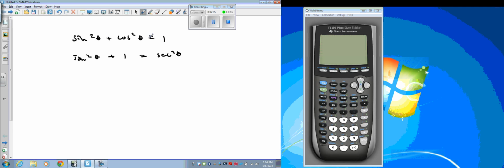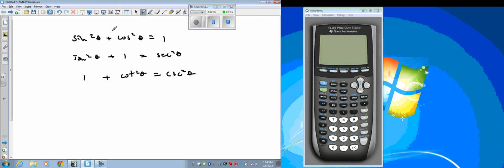Then if you take this identity and divide it by sine squared, what you get is 1 plus cotangent squared equals, and 1 over sine squared is cosecant squared. So what I'm trying to tell you is that if you learn this one, you've got all three learned, because the rest of them are just derived from it. Do you see that? Okay.